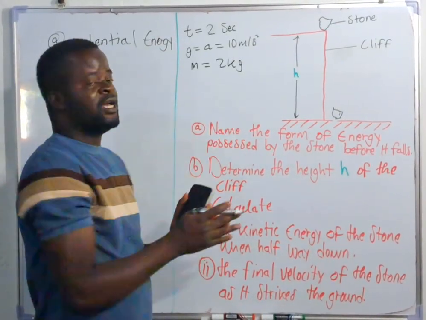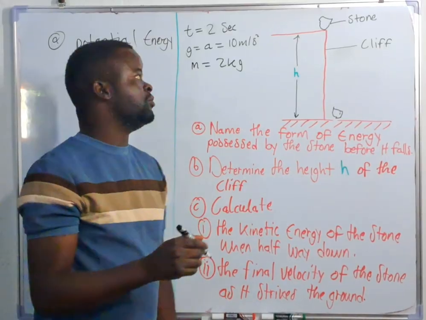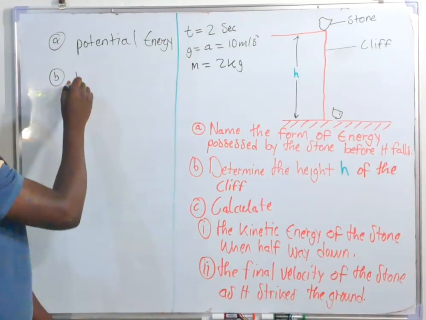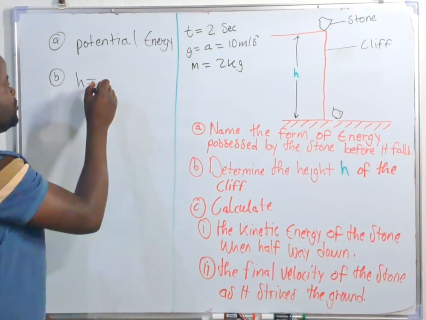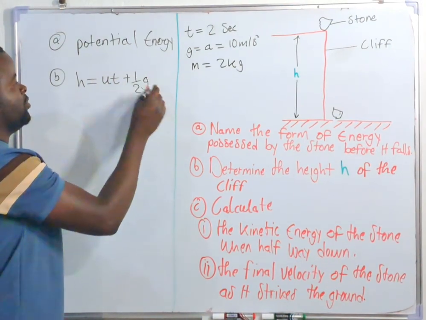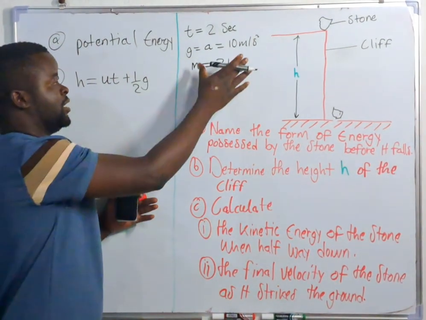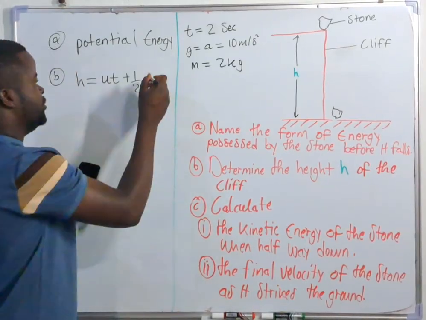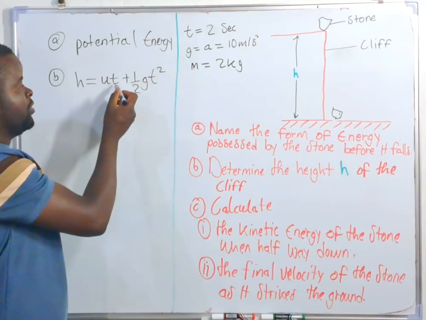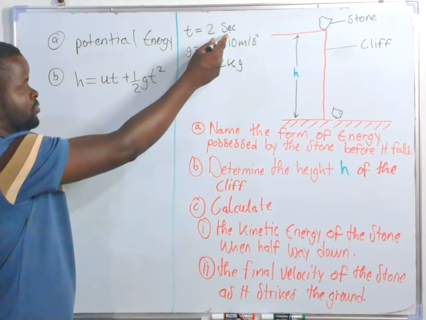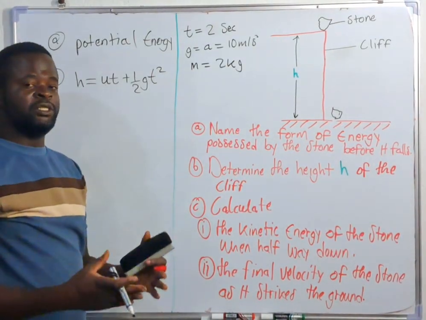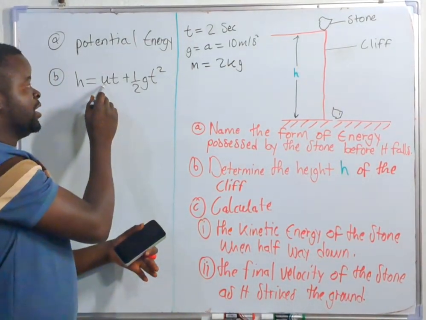For you to find the height of the cliff, all you need to do is to check this particular formula. Height is equal to ut plus half gt squared, because if it is falling, acceleration is due to gravity. Remember, our initial speed is 0 and time taken is 2 seconds. Where there is the u, we are going to put a 0, so we have 0 times t.